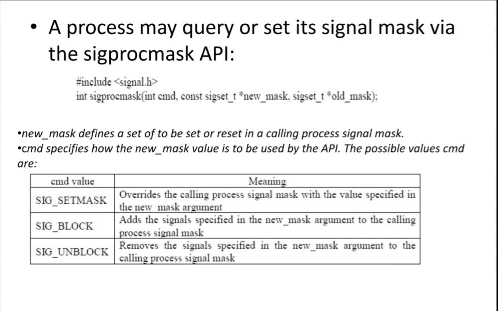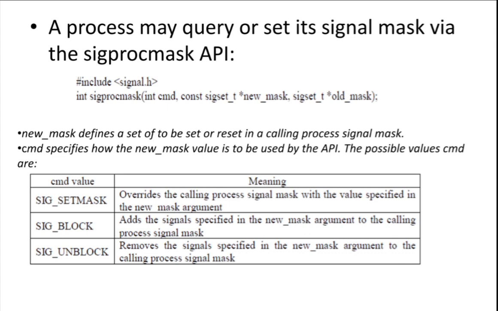It removes the signal specified in the new mask argument from the calling process signal mask. So if you want to remove the already present signals in the signal mask, you can unblock that, you can remove that, right? You can remove that signal specified in the new mask argument to the calling process using SIG_UNBLOCK. Getting, guys?